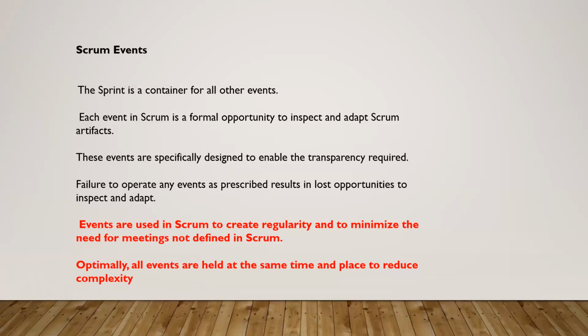Suppose you have one issue and you are not able to resolve it, then have a meeting with any of the team members, but not in the daily Scrum. Just after the Scrum, you both can decide, work on it, and come to a conclusion. But it should not be an event in Scrum. That is what is actually conveyed here.